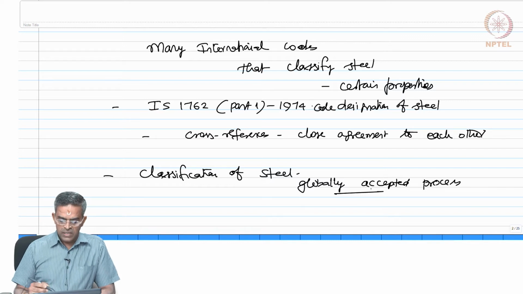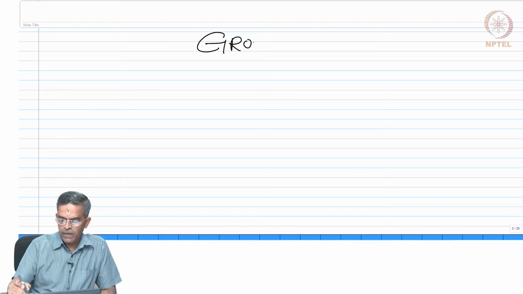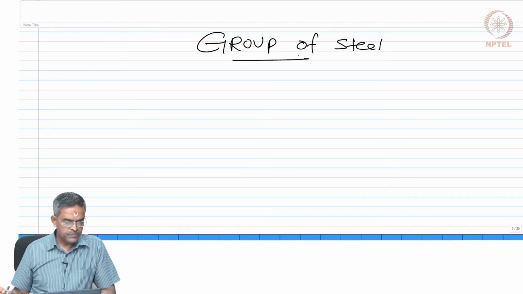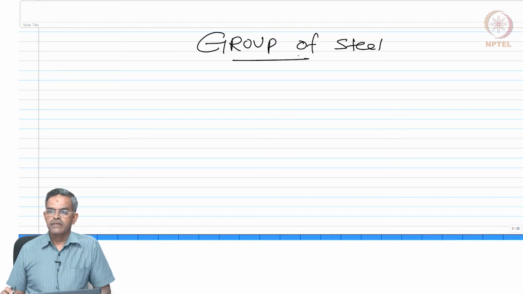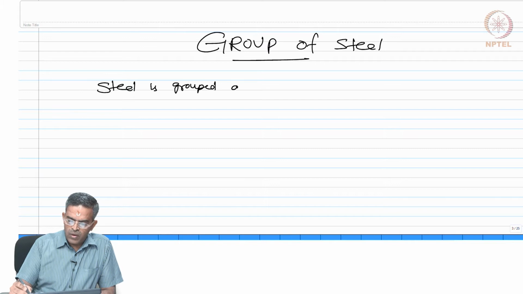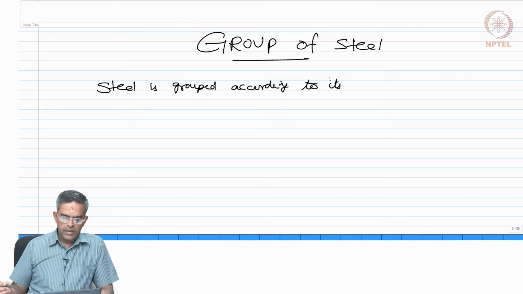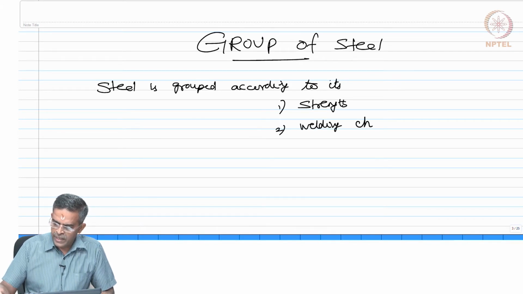Having said this, apart from classification of steel, steel is also grouped. Now, how are they grouped? Based on what parameters is steel grouped? Steel is grouped according to its strength and welding characteristics.